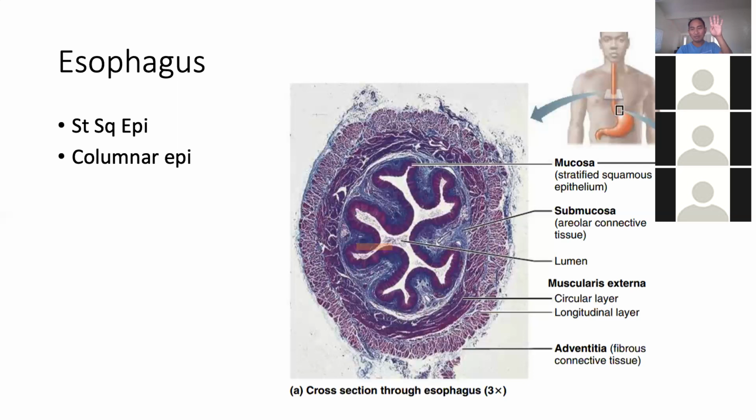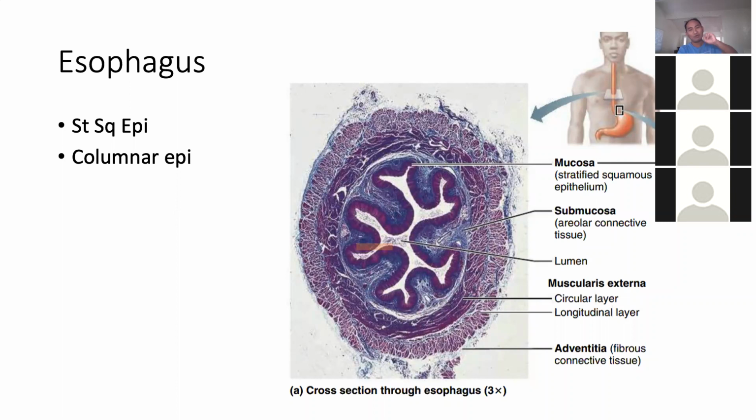They are mucosa, submucosa, muscularis, and serosa. Of course, this esophagus is stuck to the posterior wall, therefore we will not say this is serosa. We will say this layer is adventitia, like fibrous tissue. So mucosa, submucosa, muscularis layer, and adventitia.